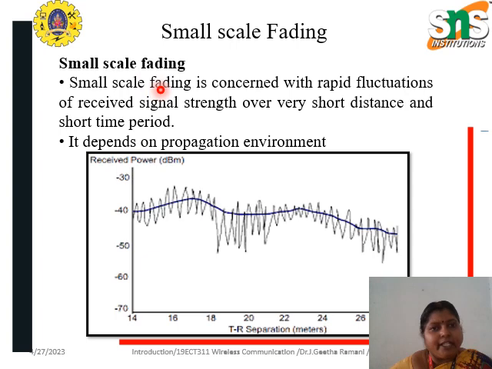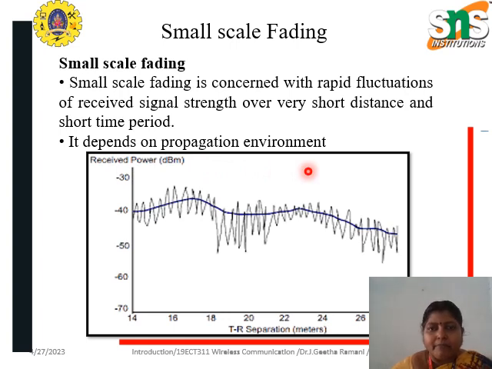And one more thing to consider in multipath propagation in wireless communication is the fading effect. Fading is the loss of signal strength. Here we consider small scale fading. As the name indicates, it happens over a shorter distance and you have random fluctuation. That kind of fading is called small scale fading, and it depends on the propagation environment.